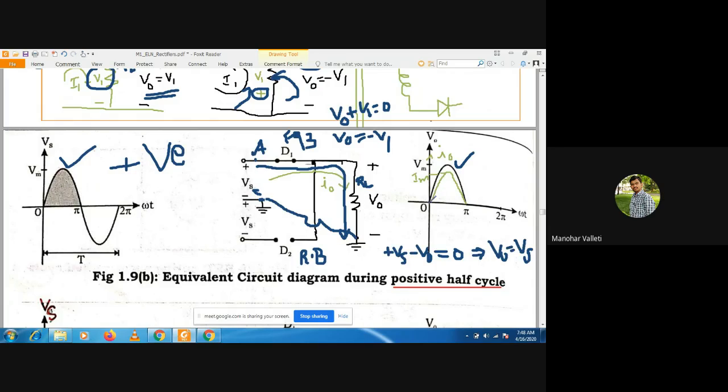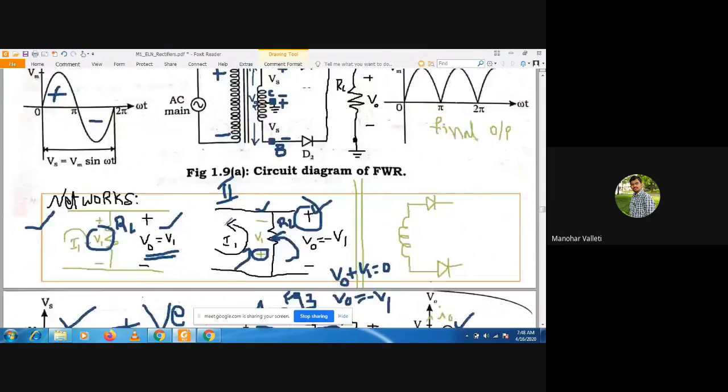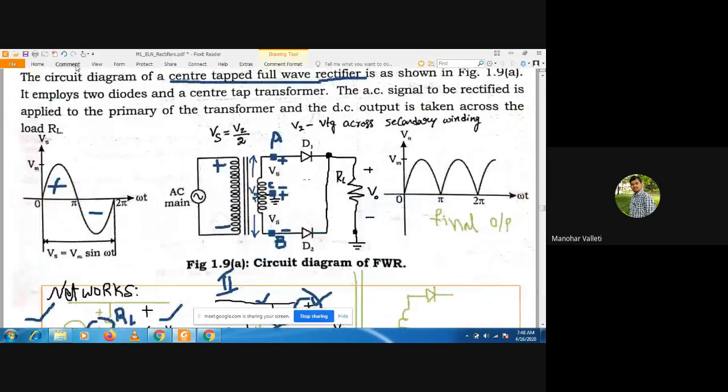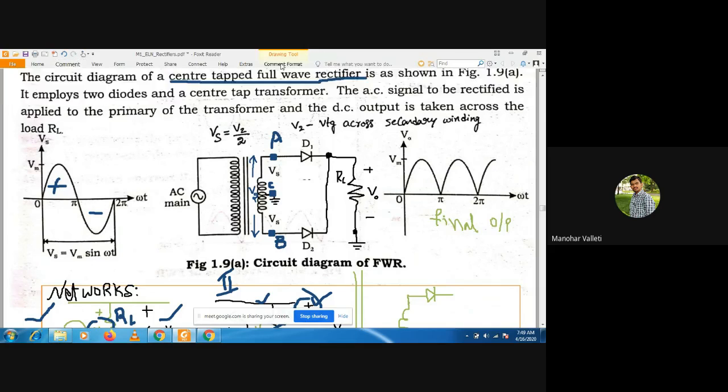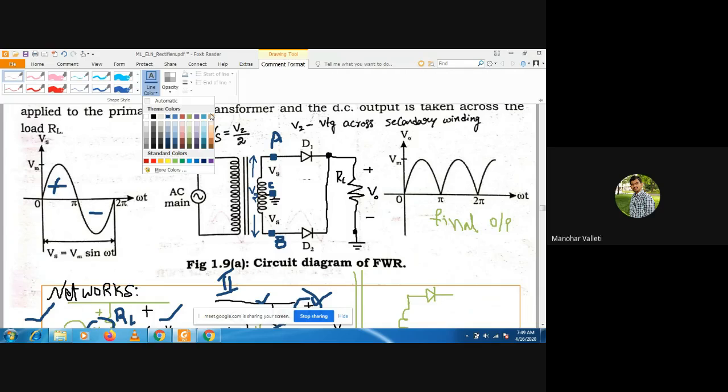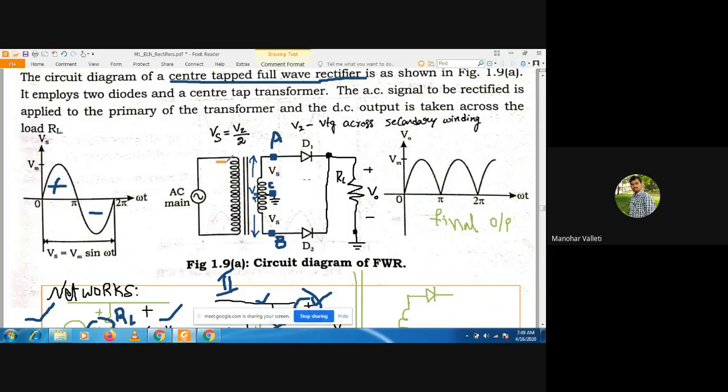And as you know, the current will also follow the same path. This is during the positive half cycle. Now during the negative half cycle, the primary voltage is shown here.